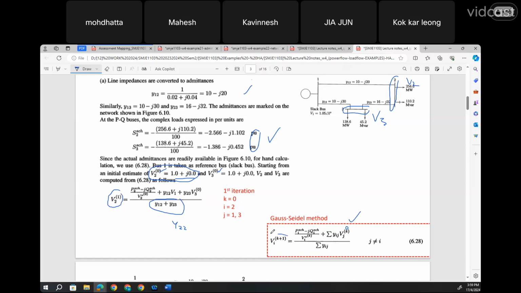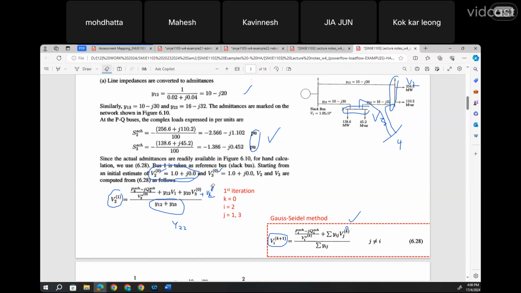We only have the one that we want to calculate, V2. However, if we have another connection, let's say this is bus 4, then we need to include V4 in order for us to calculate V2.